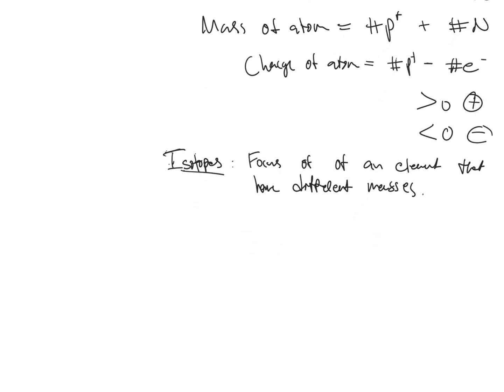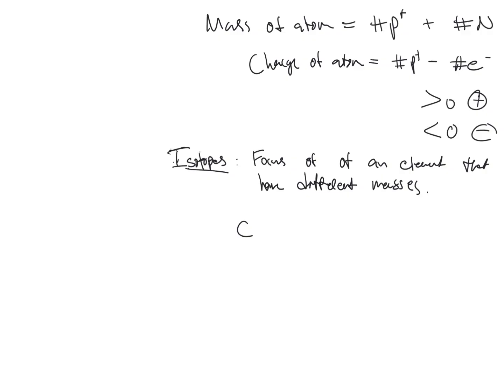What do I mean by that? Let's take carbon, for example. Carbon has 6 protons in its nucleus, as well as 6 neutrons, for a total mass of 12 AMU.